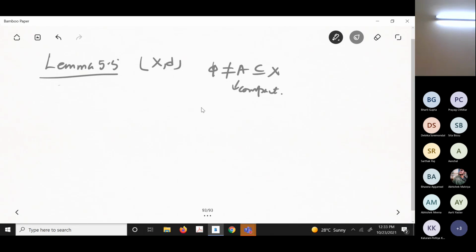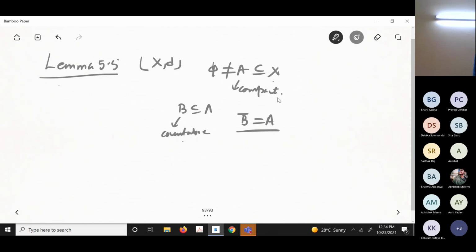I am saying there exists a countable subset B of A such that B bar equals A. That means the closure of B is A. So in particular, if X is compact and you use this result, it will be separable.